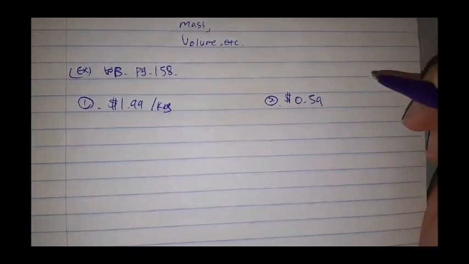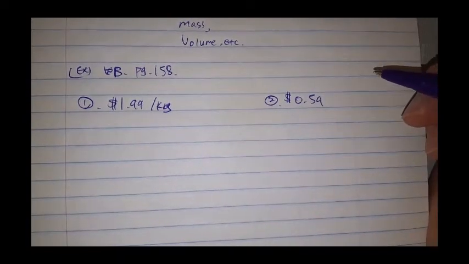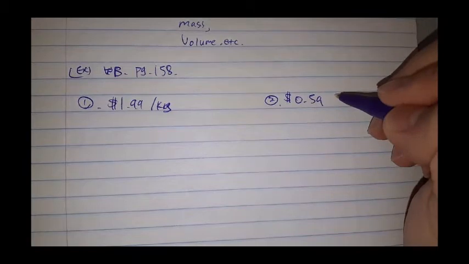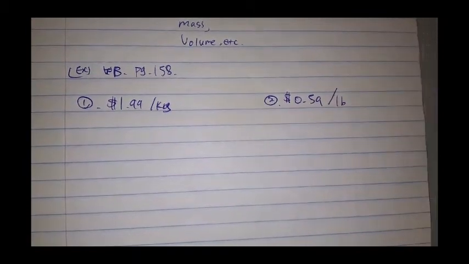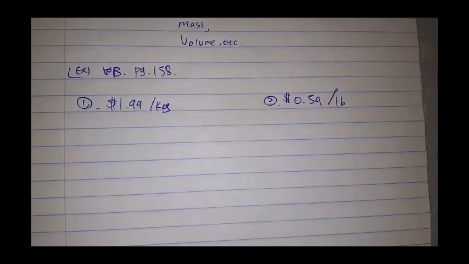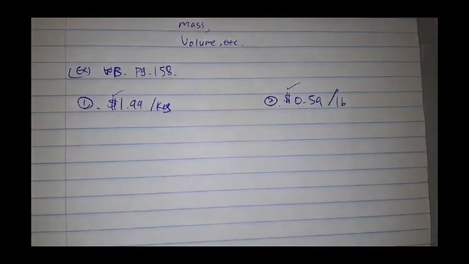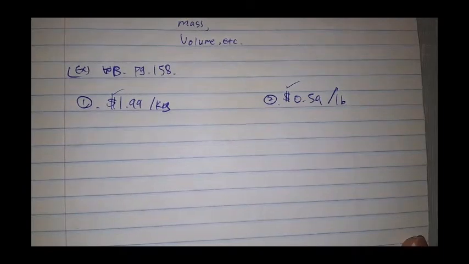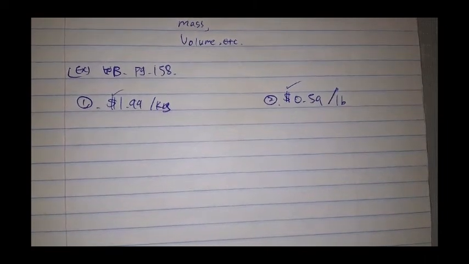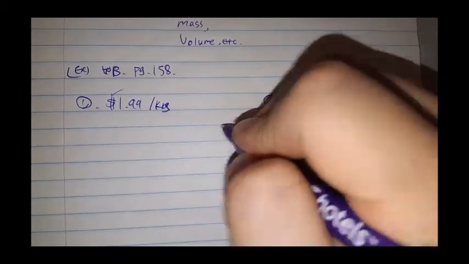I know it's 59 as a whole number, but to try to have some uniform sense of unit, I put $0.59 per LB, pound. First of all, dollar and dollar, we unified those two units as one. However, what should I do with kilogram and pound? We can use unit conversion.